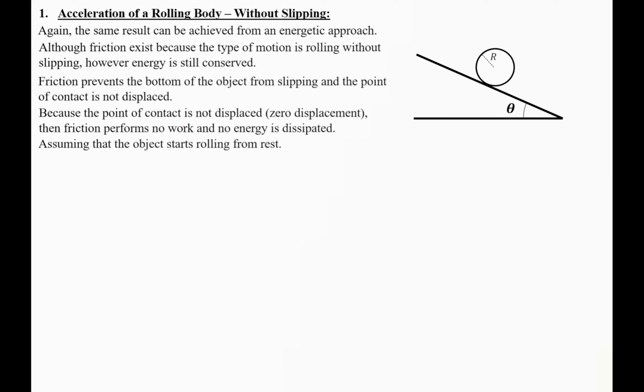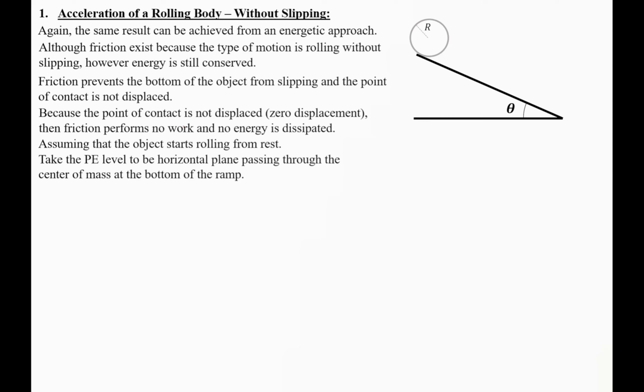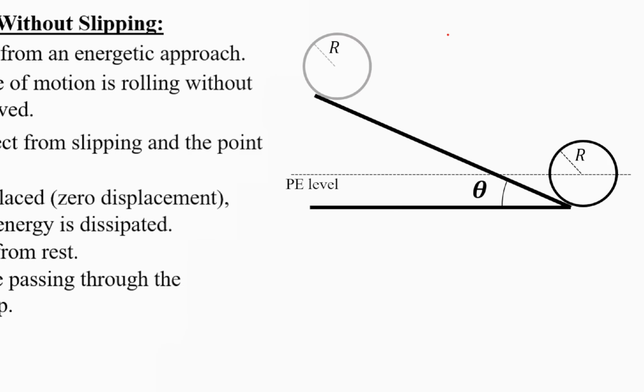Assuming that the object starts rolling from rest, take the PE level to be the horizontal plane passing through the center of mass at the bottom of the ramp. Now remember that the gravitational potential energy is given by mgh. We didn't elaborate much about this in Unit 3 because all the objects that we were interested in had no dimensions.